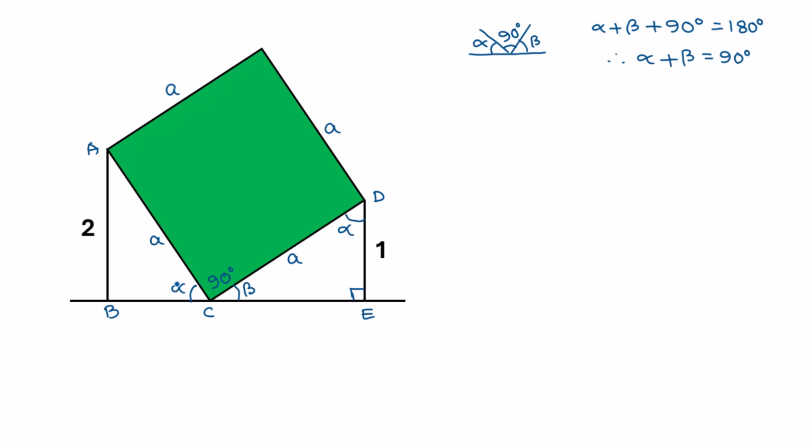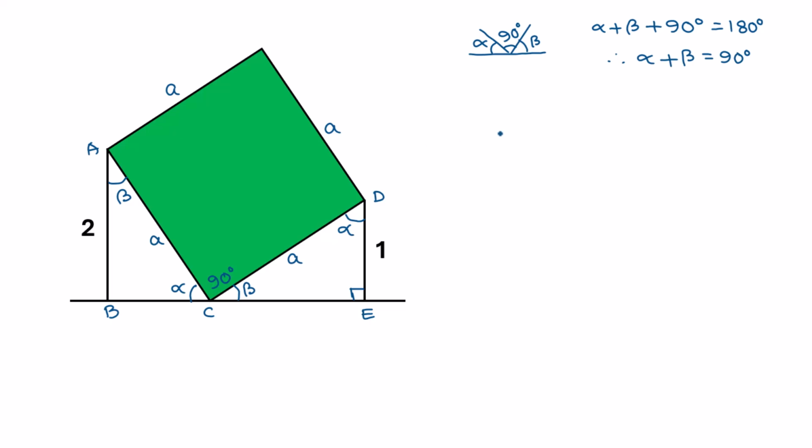Similarly, as this angle is alpha and the sum of alpha and beta is 90 degree, this angle is also beta. That means these two angles are equal and these two angles are also equal.